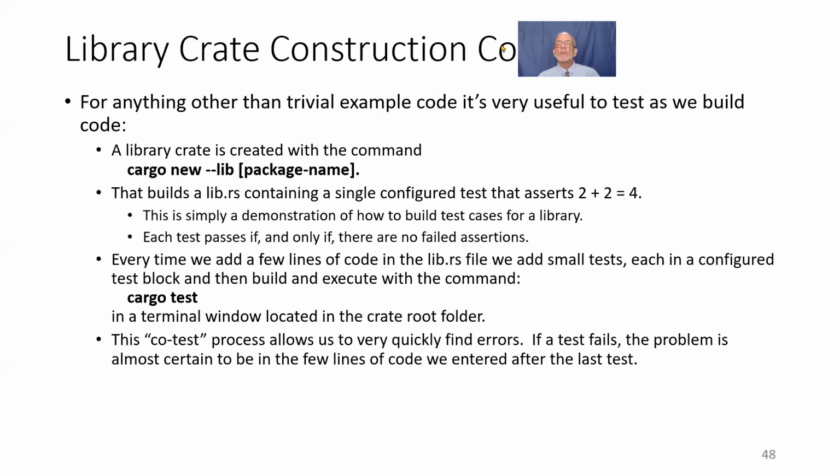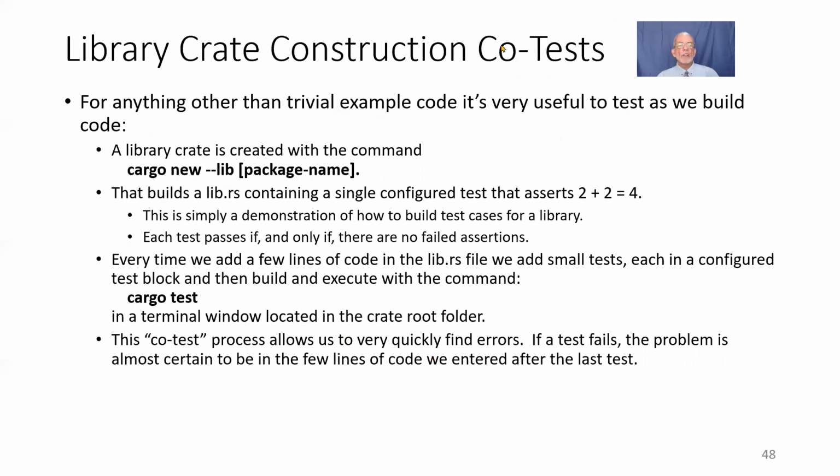So I now want to talk a little bit about some interesting things that the Rust build system does. We can build a library crate. The way we do it, we say cargo new, and we specify lib.